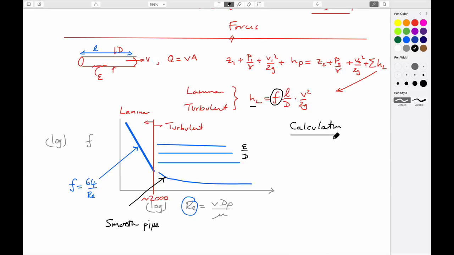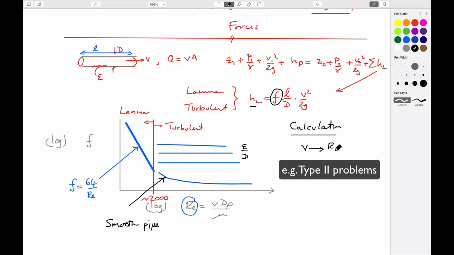would be to calculate first a velocity. Once you have a velocity, you can calculate a Reynolds number by knowing the velocity, the diameter of the pipe, density and viscosity of the fluid.